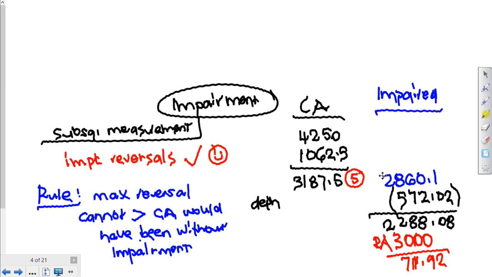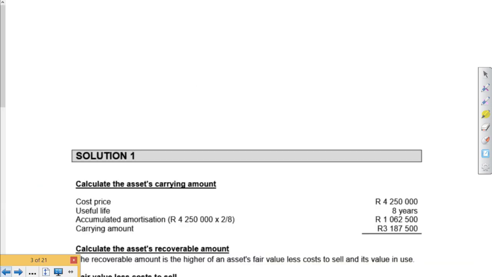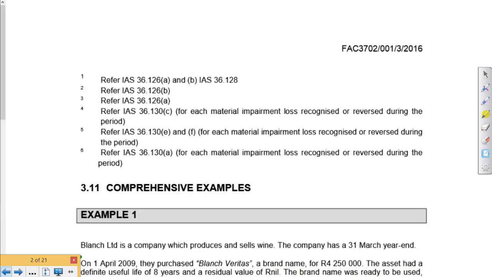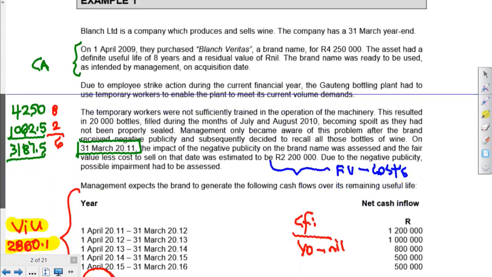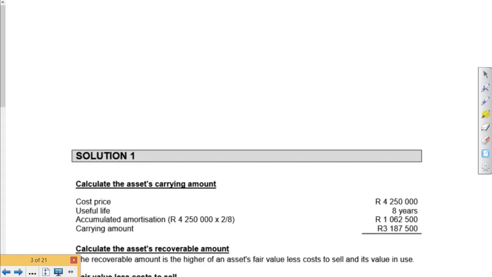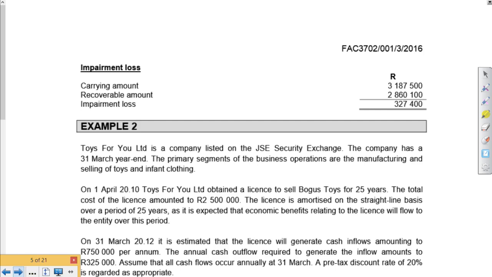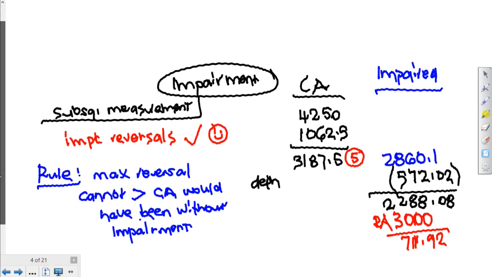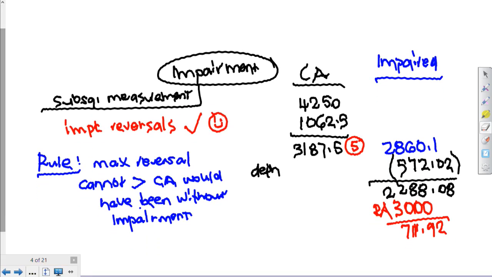So I say to myself, okay, maybe I should reverse impairment, take it up to the 3 million. I'm reversing 711.92. If I look back at what I had impaired, my impairment had been, it only had been 300,000. Okay, I've gone too far. All right, sorry, no, I can't go that far because otherwise, obviously, we would never be able to reverse that much. But that's not what I want to show you. But I also want it to work. Sorry, I make up numbers and then they don't work.